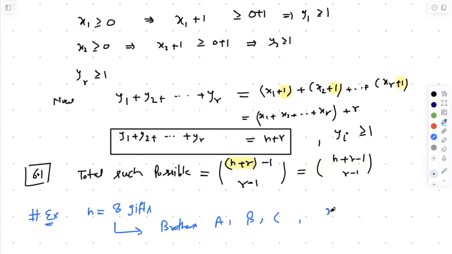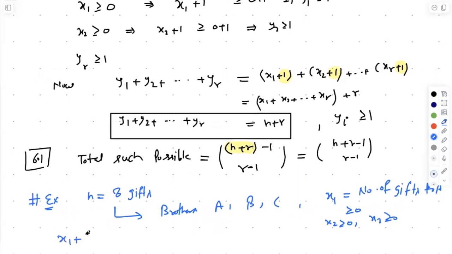So basically, x1 stands for the number of gifts to A, and this can be anything bigger than or equal to 0. Similarly, you can define x2 and x3 there. The question here is, how many integer solutions are available to the problem x1 plus x2 plus x3 equal to 8 with xi bigger than or equal to 0.